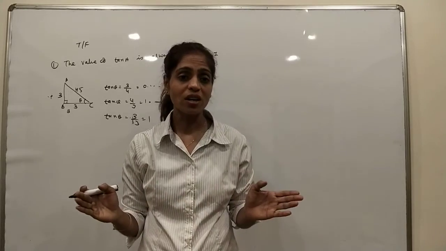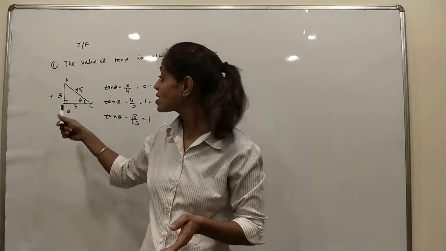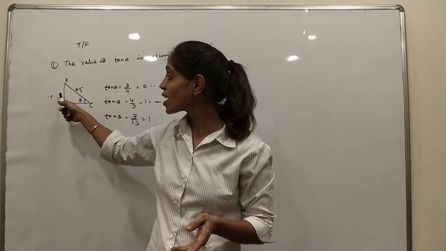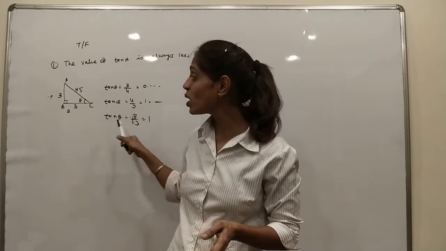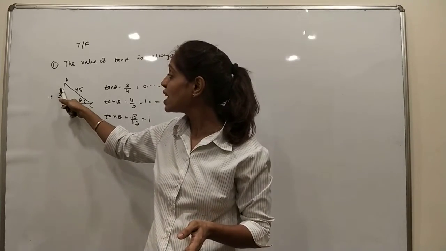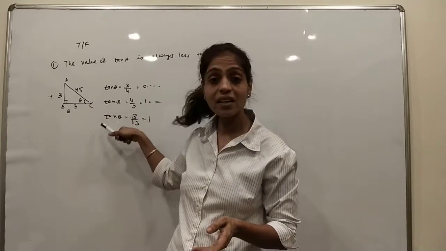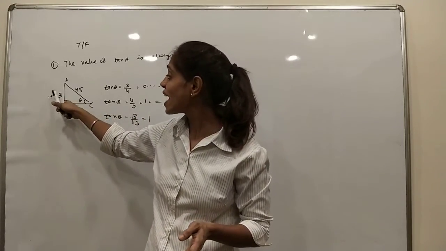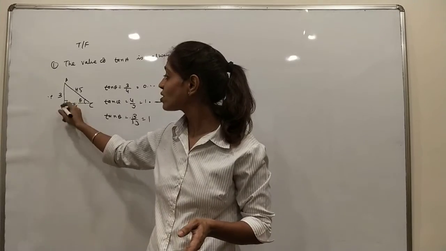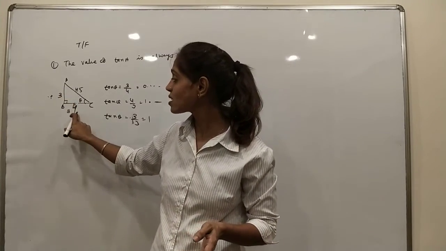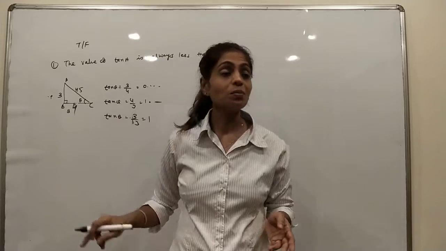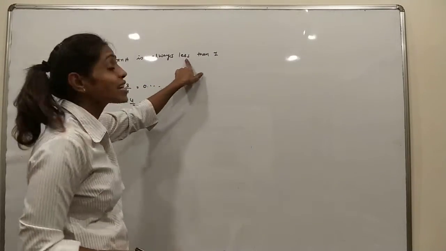It's not sure. It depends on the sides. If two sides are the same, then the value is 1. If P is greater, then the value is 1 point something, greater than 1. And if P is less, suppose 4 and 3 and P is less than base, then the value is 0 point something, less than 1.